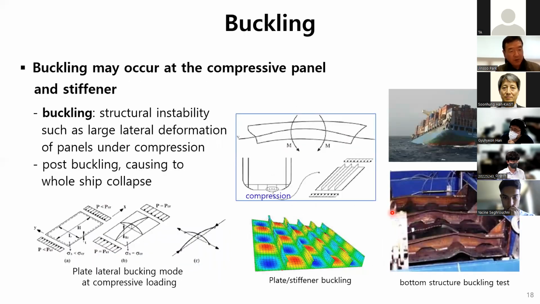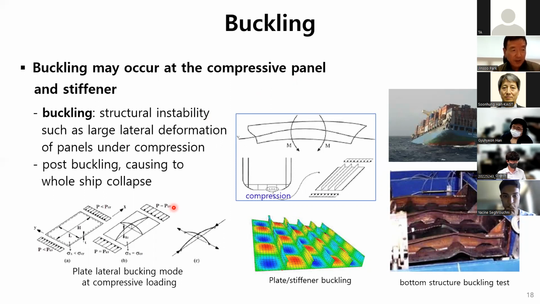Another type of most common ship structural failure is buckling. Buckling may be defined briefly as structural instability, such as large lateral deformation occurring under compressive loading at plate panels or stiffeners, sometimes panel and stiffener together.